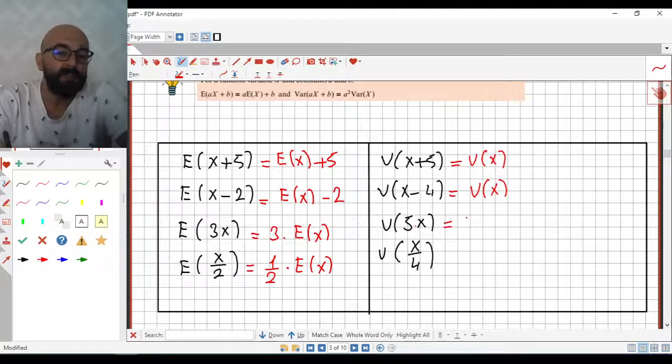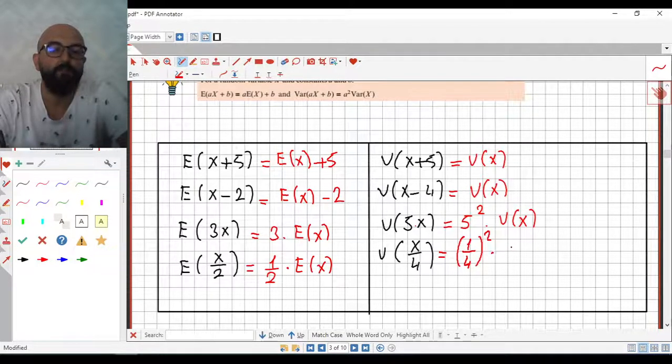It means 5 squared multiplied by the variance of X, and 1 over 4 squared multiplied by the variance of X.